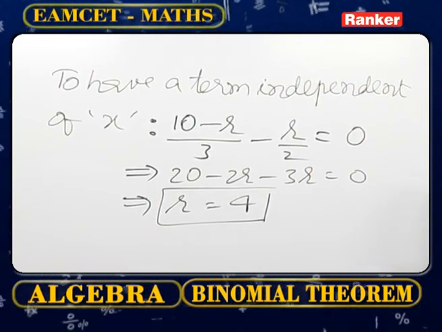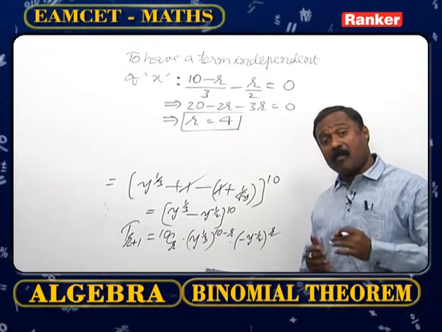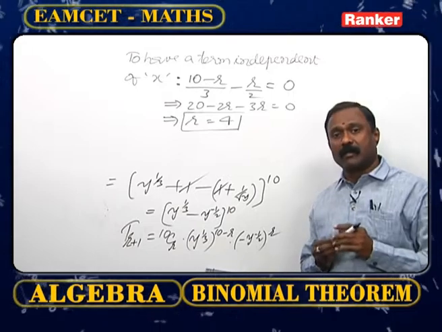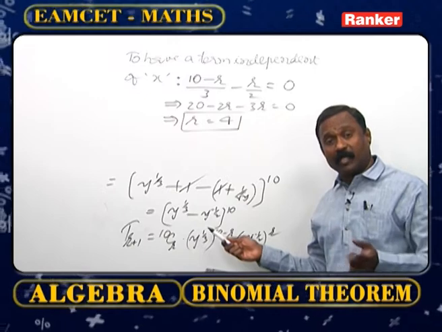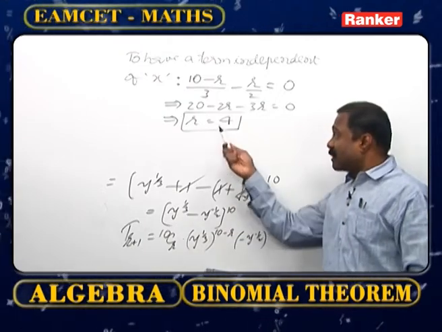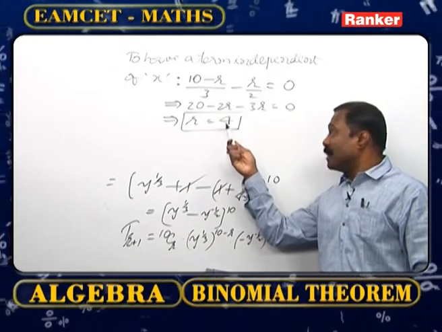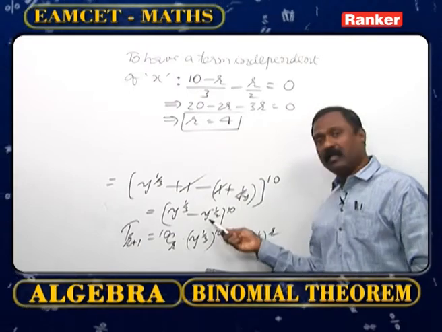So whenever you take a particular expansion, this expansion may have or may not have the term independent of x. That should be your understanding first. If you get a positive integer value for r, then you can say that definitely there will be a term independent of x.